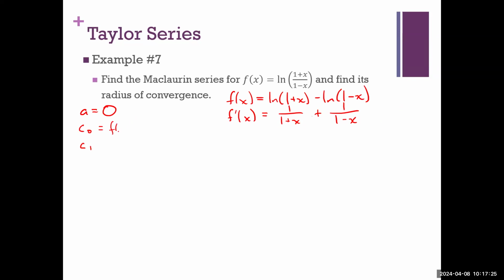It comes from f of 0, which comes out to be 0. c1 comes from f prime of 0, which is 2. We probably can't see a pattern yet on these coefficients, so what should we keep doing? Finding more derivatives. What's the second derivative?